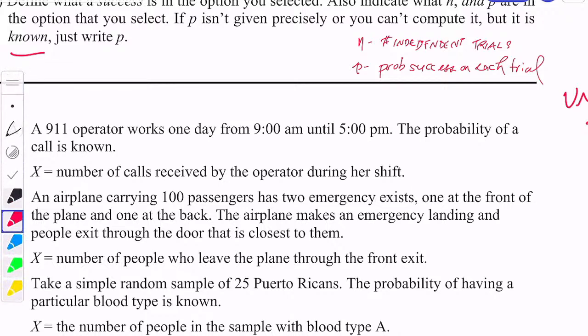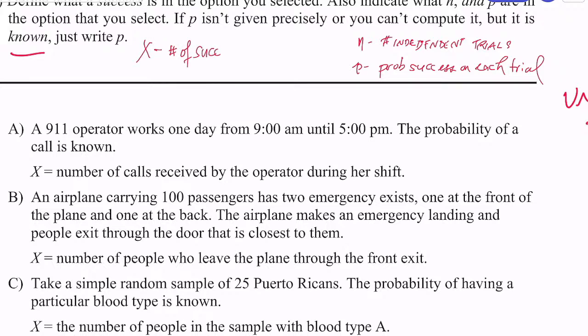What we're interested in for the binomial is the variable X, which is the number of successes in N trials, not each one. I want to know all N of them.